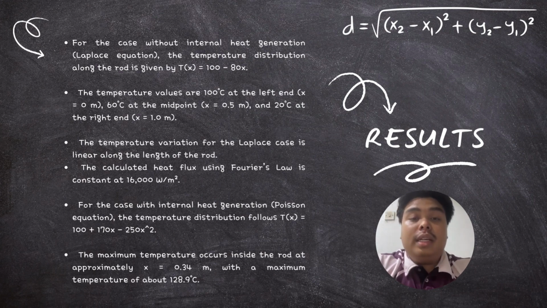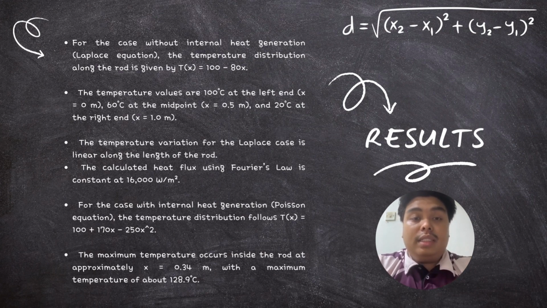So the temperature decreases linearly from 100 degrees Celsius at the left end to 20 degrees Celsius at the right end, with a midpoint temperature of 60 degrees Celsius. The linear variation indicates a constant temperature gradient along the rod. Using Fourier's law, the calculated heat flux is constant and equal to 16,000 watts per square meter, confirming the steady state heat conduction.